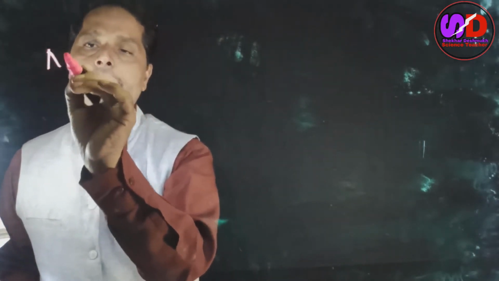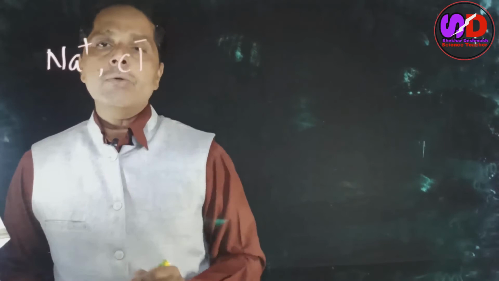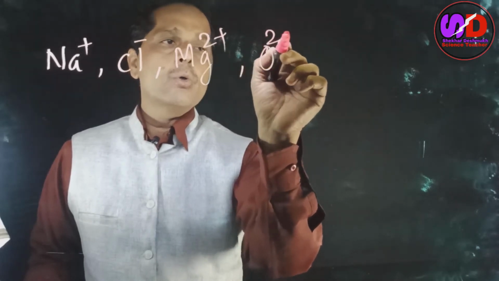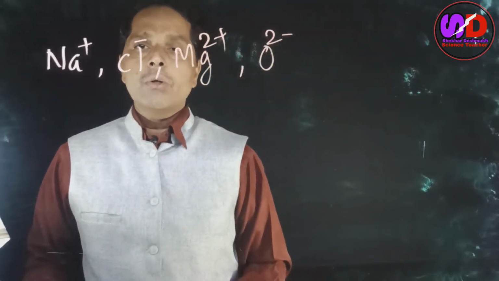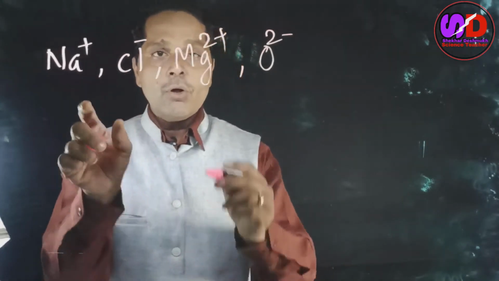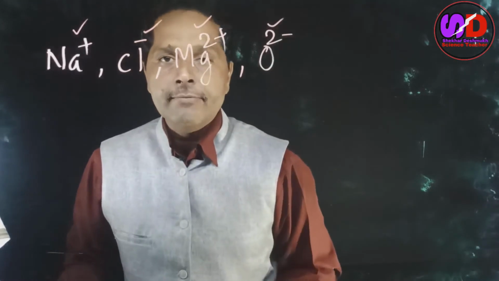Look at one example: Na positive, Cl negative, Mg 2 positive, O 2 negative. Out of these four, two are basic radicals and two are acidic radicals.